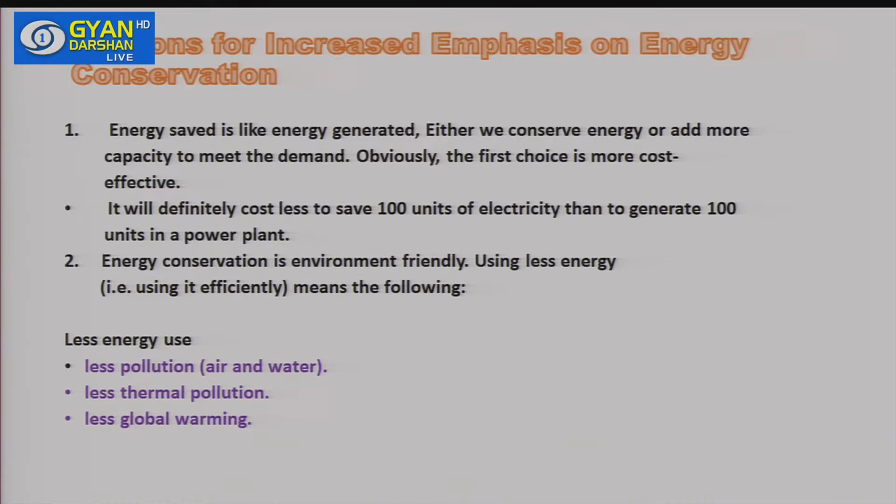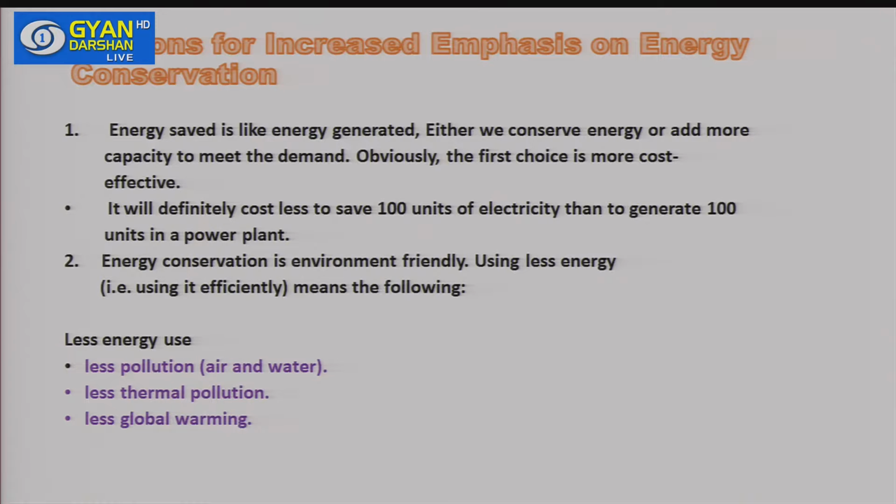Distribution loss is there, transmission loss is there. So if I am saving 100 units, it means I am conserving 100 units here. It means I am generating more units, because the losses are not there.